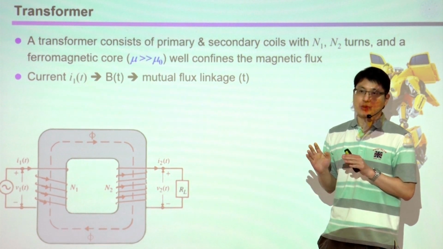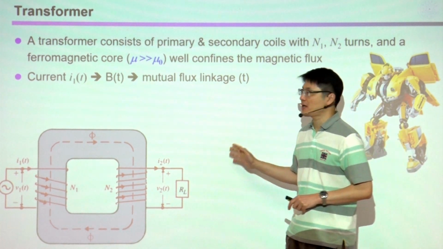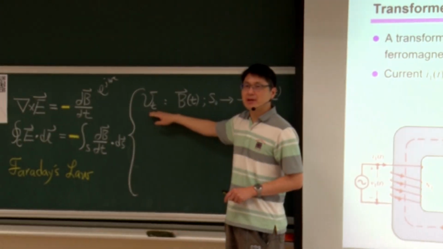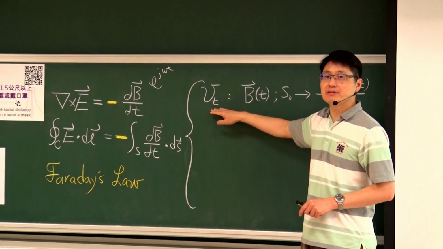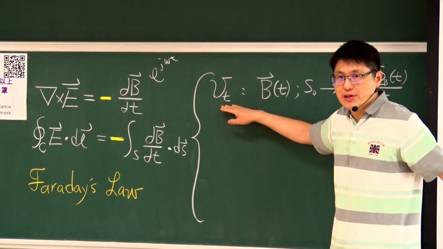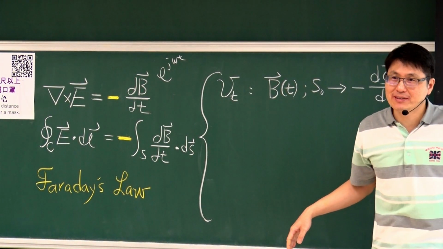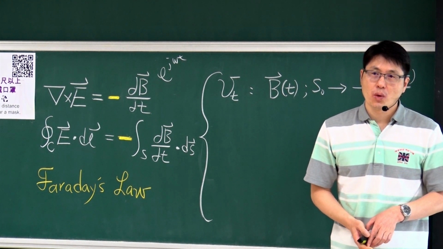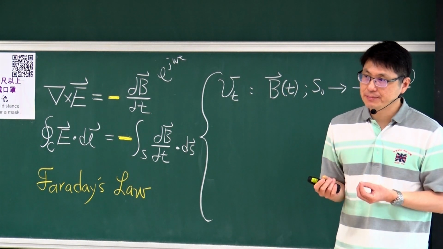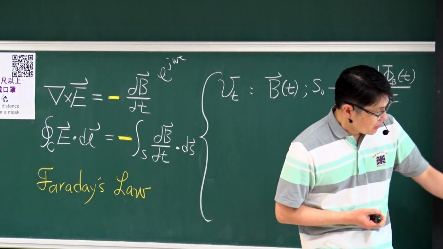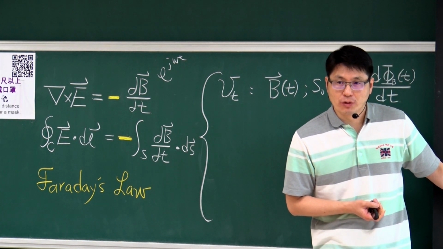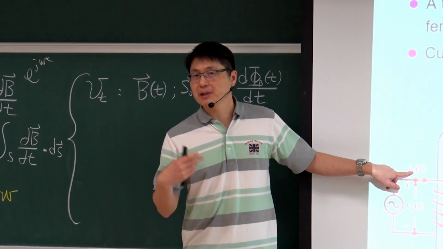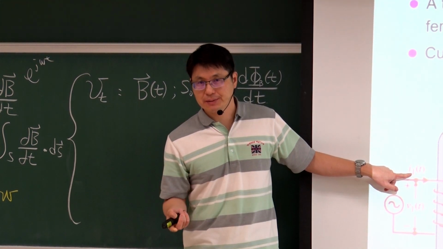Everybody here knows what a transformer does, but let us come back to why in this case the induced EMF is called the transformer EMF. Because in the transformer, not the bumblebee, the real device, what is changing as a function of time? You apply either voltage as a function of time, or effectively, you're applying the current as a function of time, right?